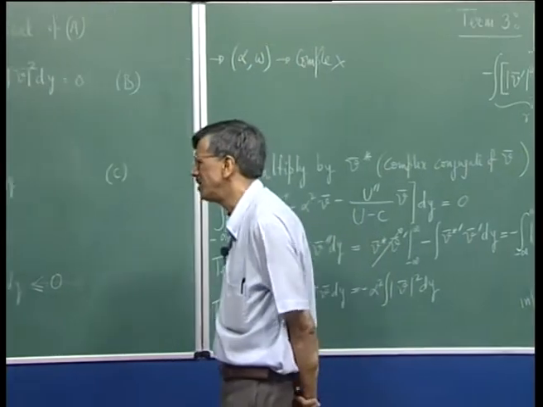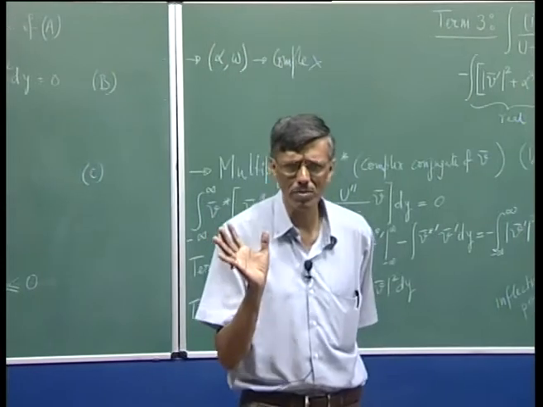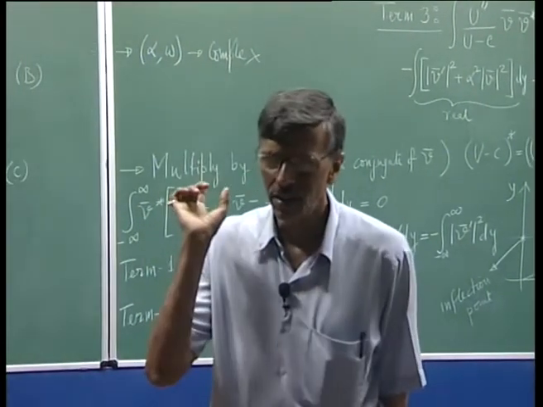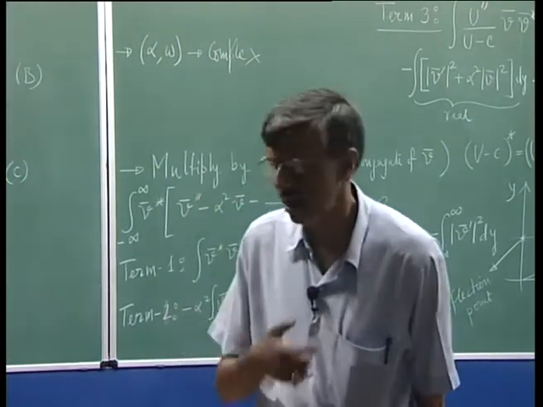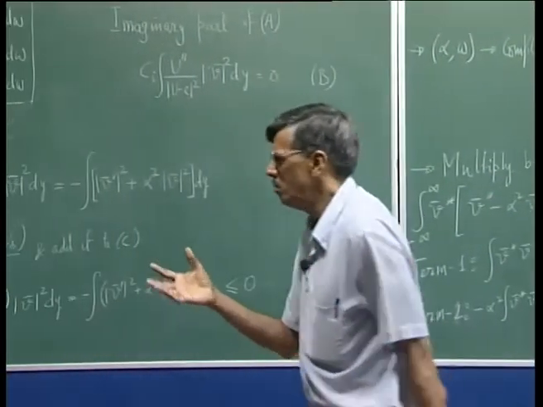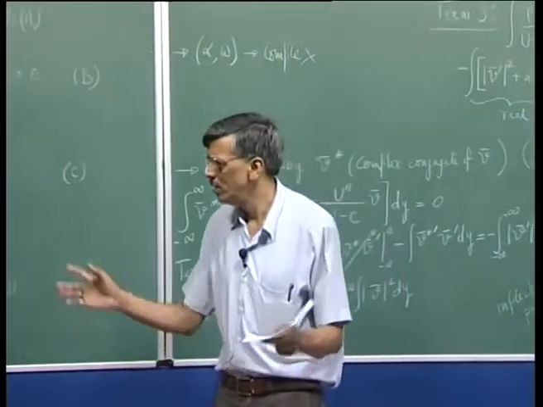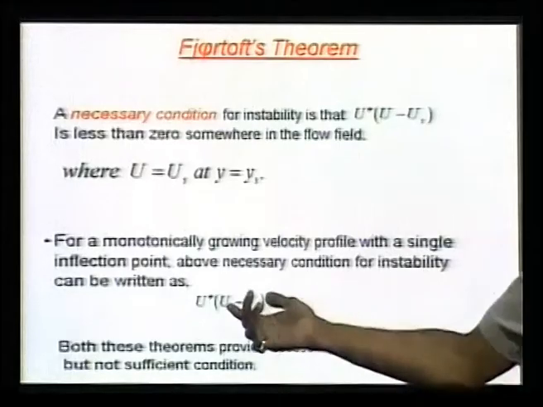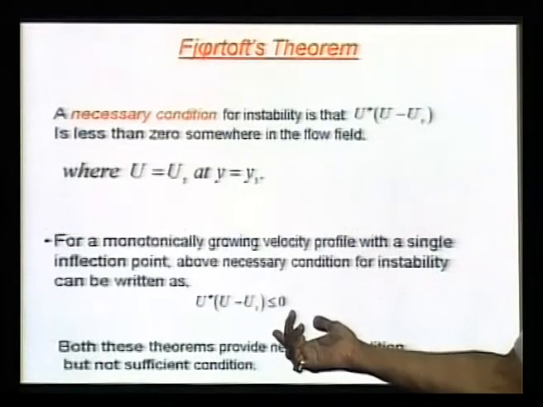So, basically, since this condition given by Fjørtoft includes both the real and imaginary part of the original Rayleigh equation, it is considered to be a more general, stronger condition, right. So, basically you should remember both of these theorems together, and you can see that the condition of instability, if you write it like this, also includes Rayleigh's inflection point theorem.